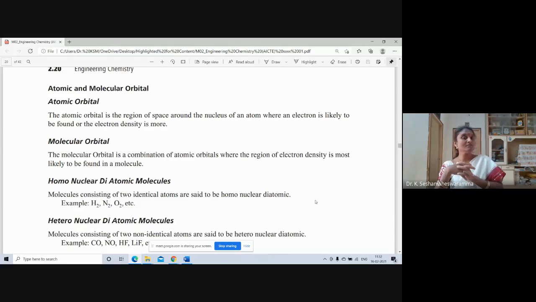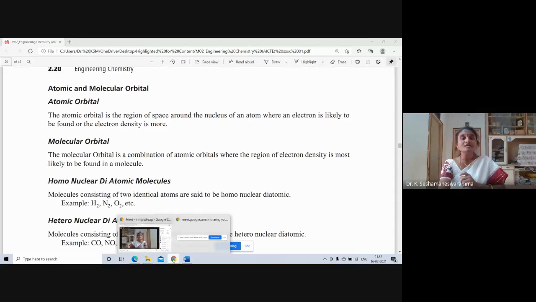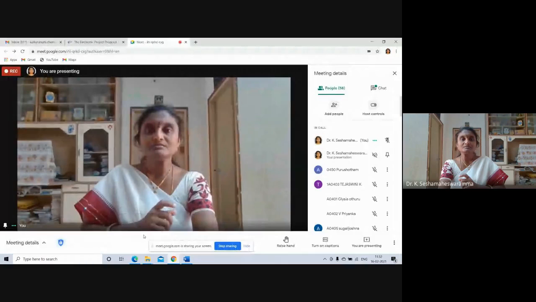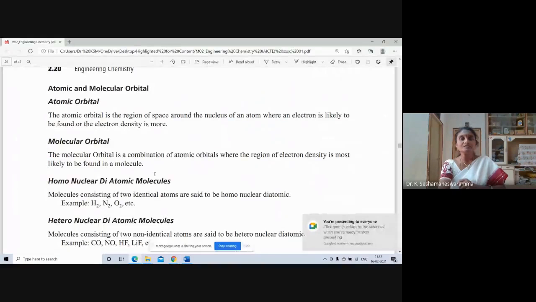A molecular orbital is a combination of atomic orbitals where the region of electron density is most likely to be found in a molecule. So that is the difference between atomic orbital and molecular orbital.